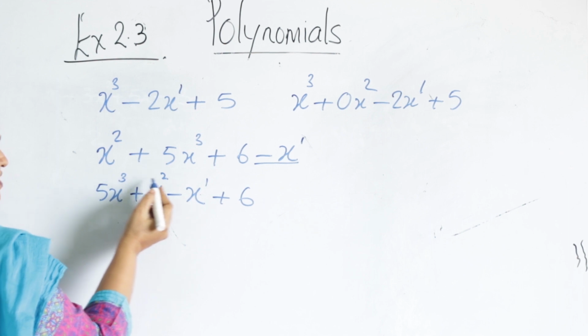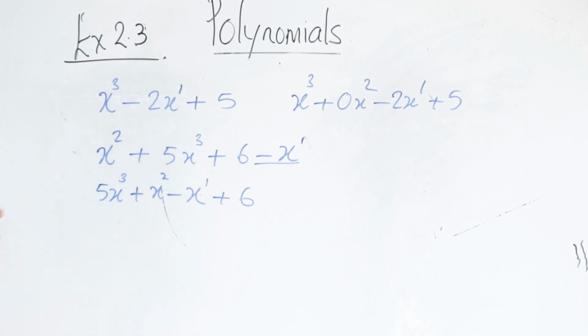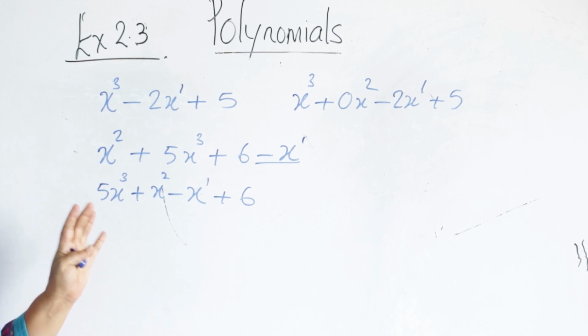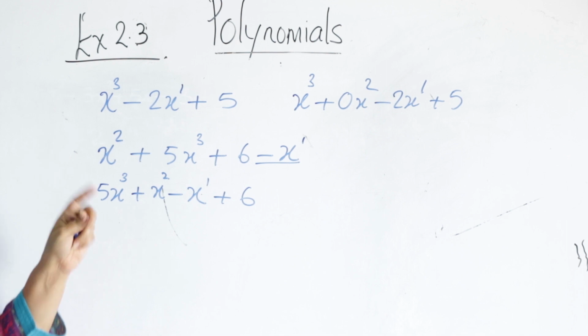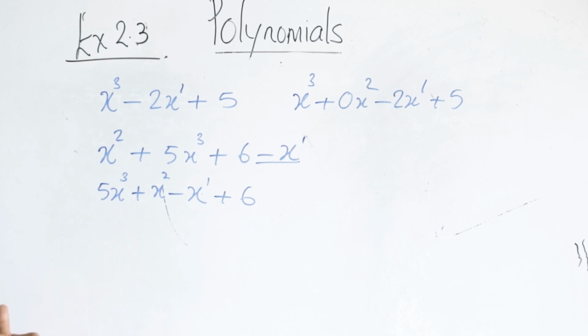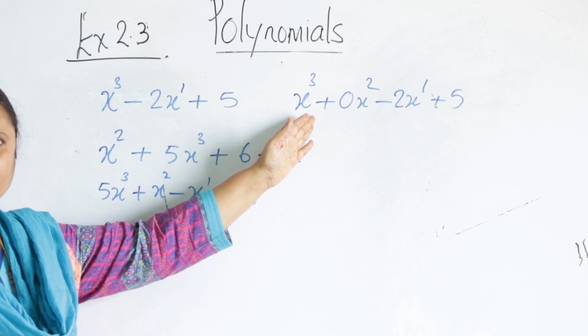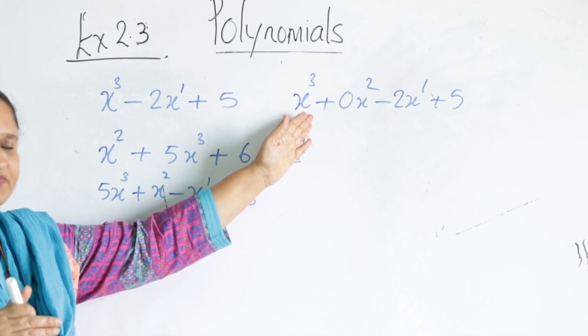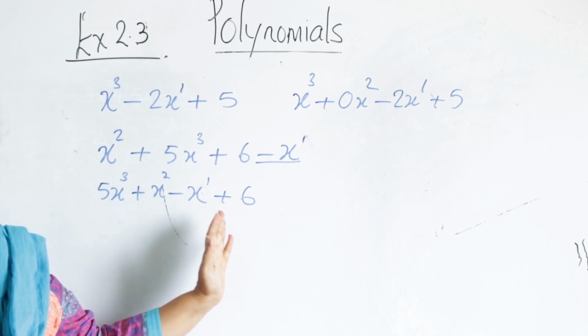Now we have the exponents in descending order. So before solving any polynomial related problems, you have to follow these two thumb rules. One is adjust the polynomial to the standard form and arrange the exponent in descending order.